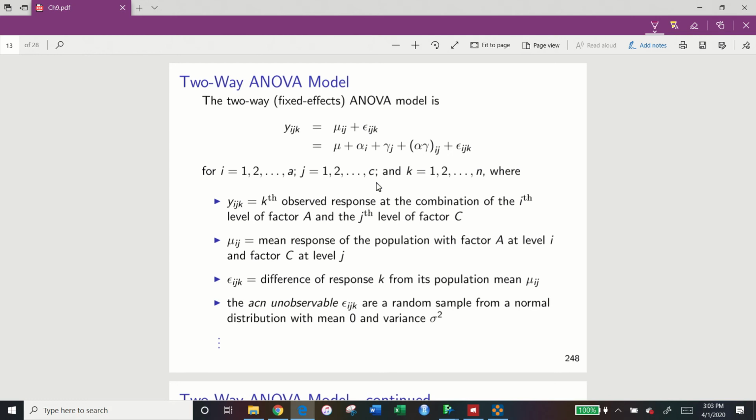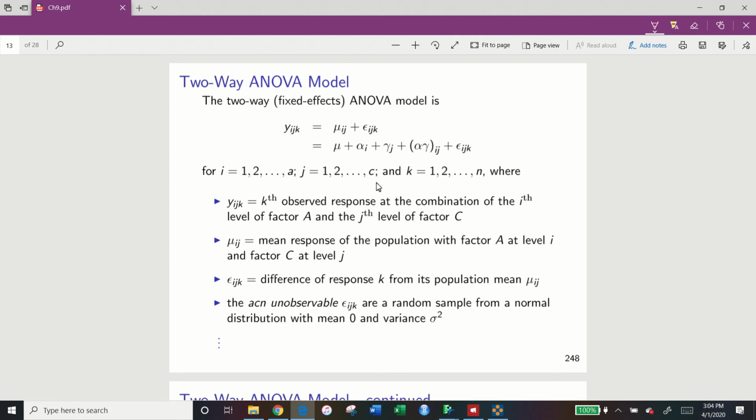Mu ij is the mean response of the population with factor A at level i and factor C at level j. Epsilon ijk is the difference of response k from its population mean mu ij.